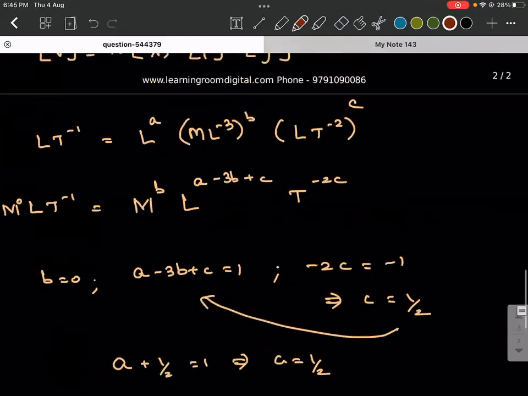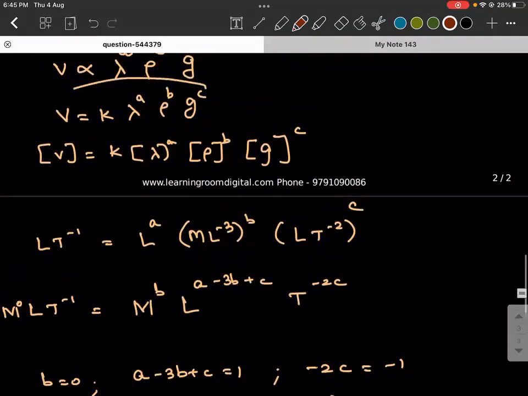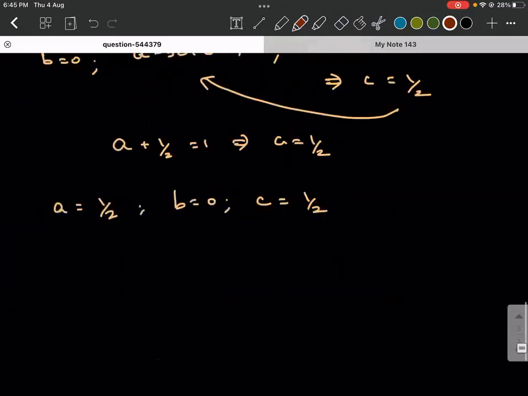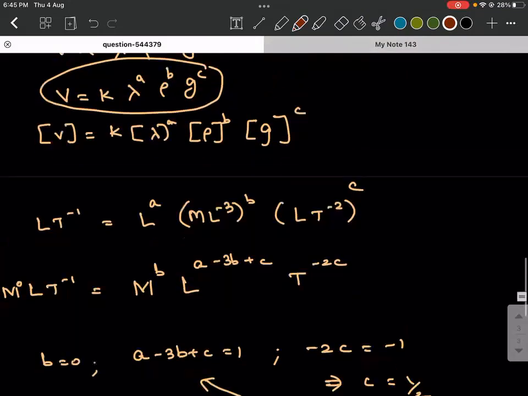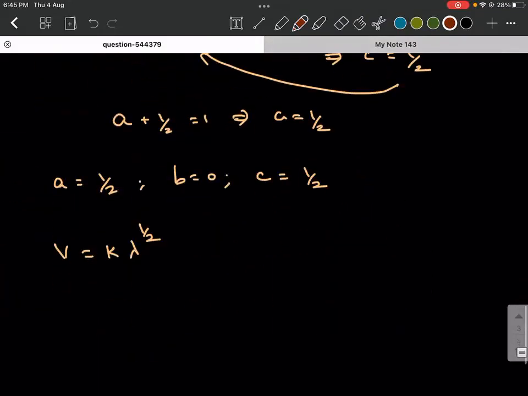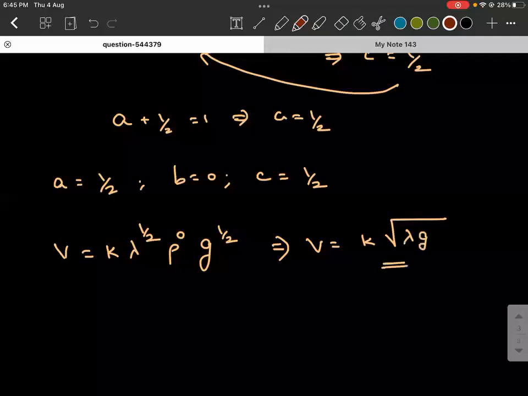So where should you substitute these values? You will substitute them in this step. So what will V be? V will be K times lambda power half, then rho power B, rho power 0, and g power half, which implies V is equal to K into root of lambda into g.